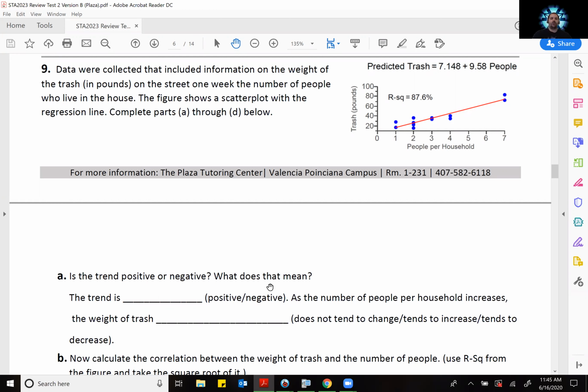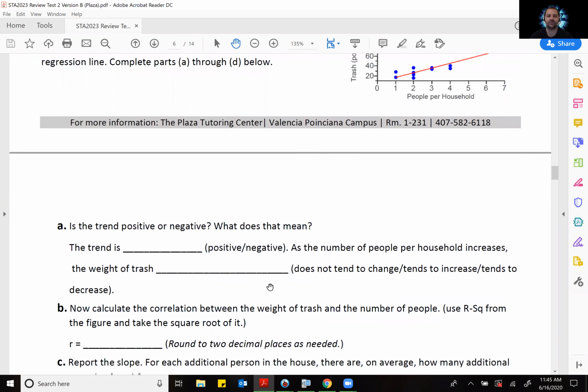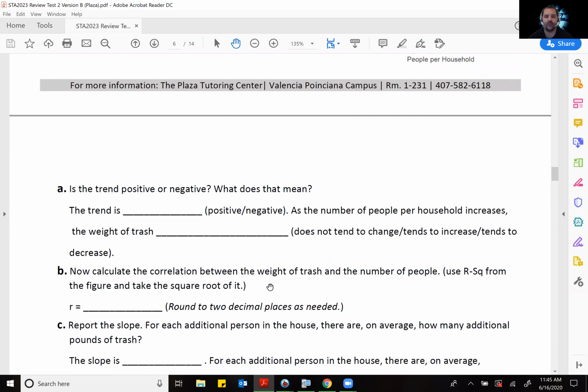Part B says calculate the correlation between the weight of trash and the number of people. Okay, so they want us to find the correlation coefficient. In order to do that, there's a formula, and that formula is really, really gross.